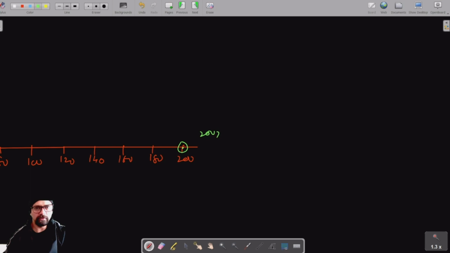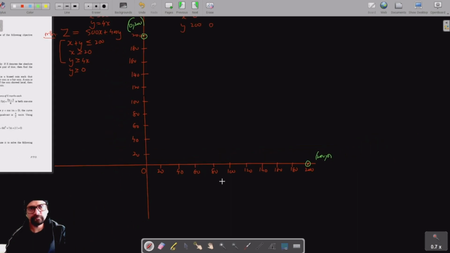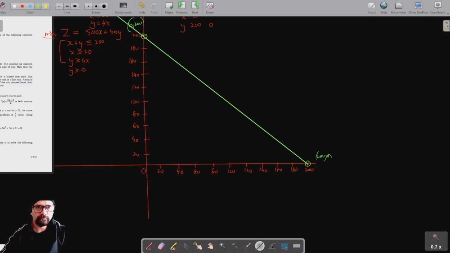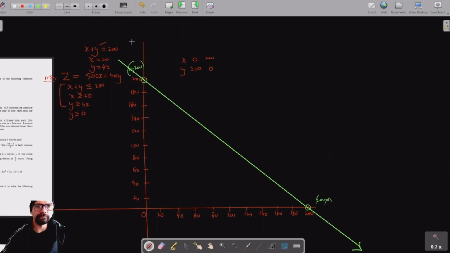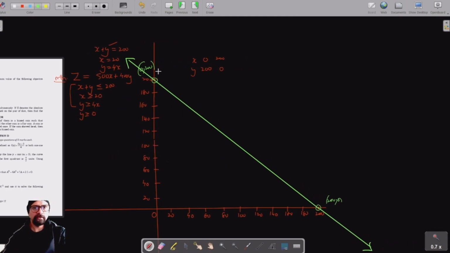We are going to join these 2 points. So we have got the graph of our first equation, x plus y equals 200.